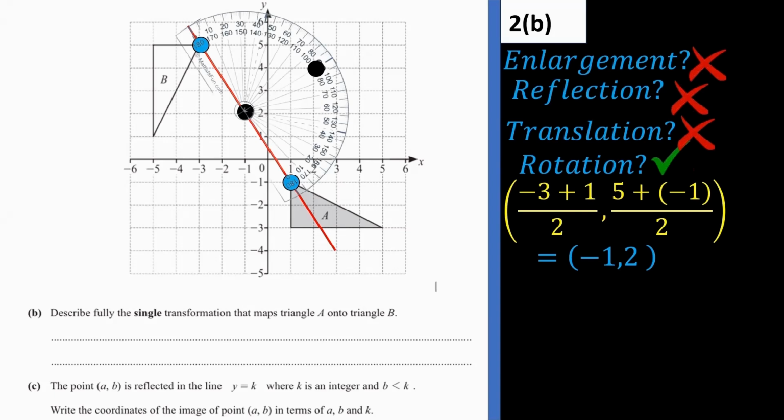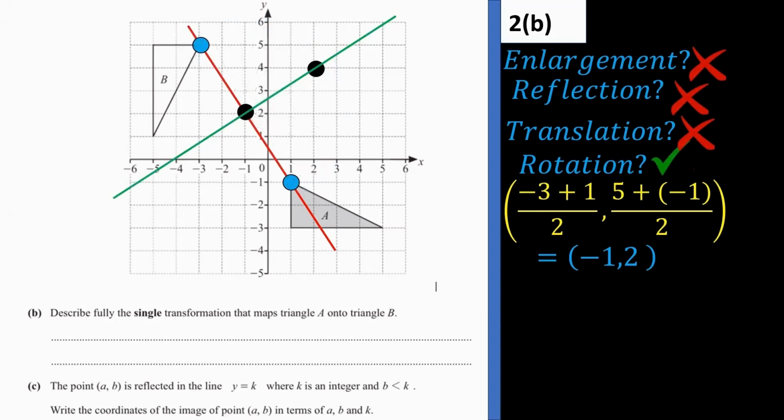I'll put my protractor on that line and ensure that it lines up with 90 degrees. I put the second point exactly where the 90 degrees is, and then carefully draw a line to pass through. All right, so I have been able to bisect this red line.